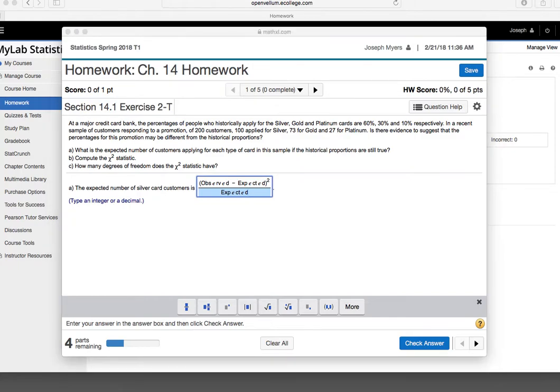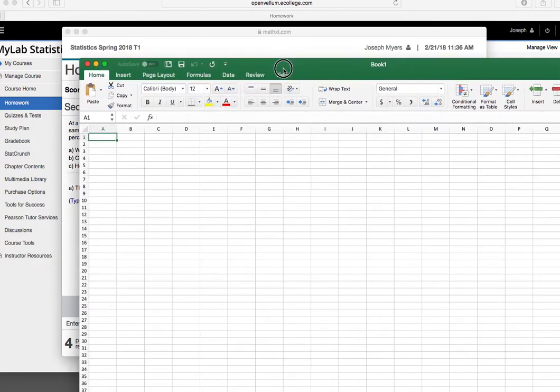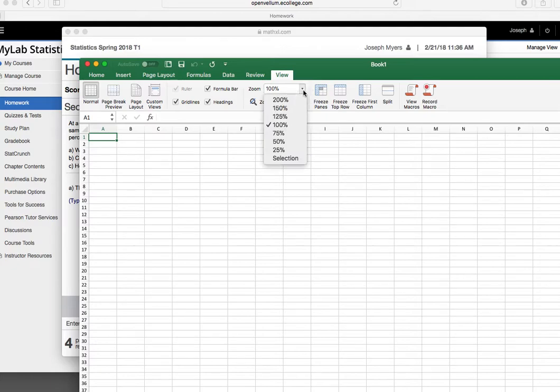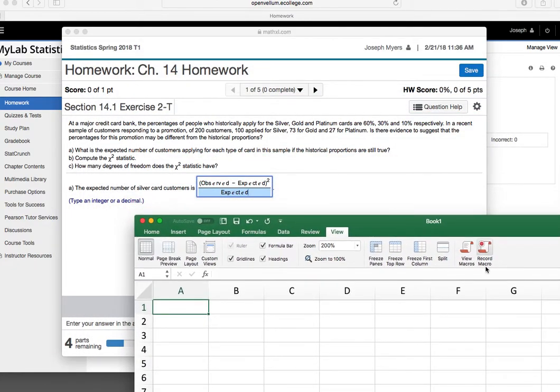So let's open a spreadsheet, and here we go. I'll make this bigger so you can see better.